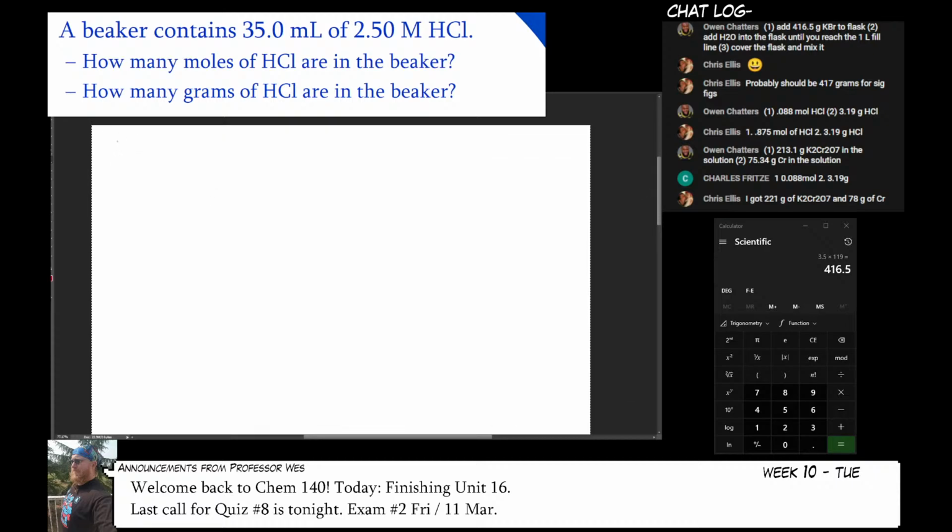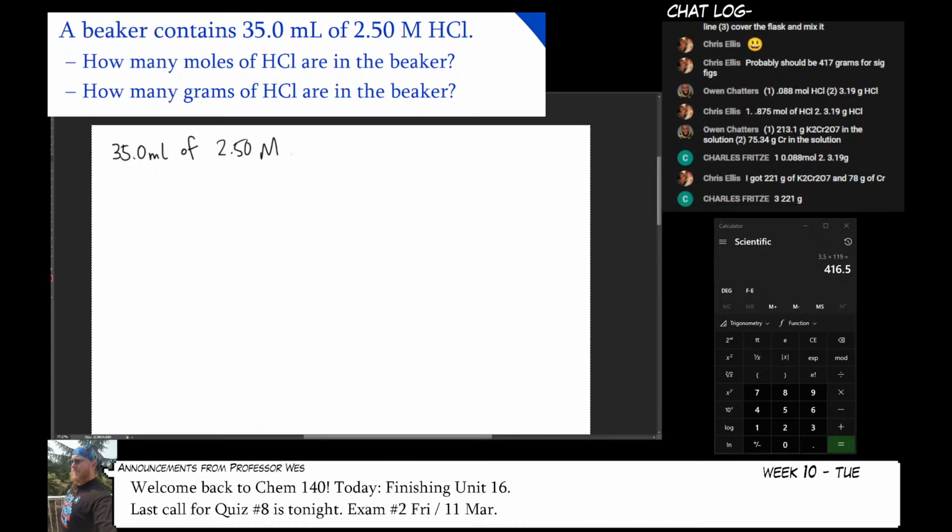All right, so I have 35 milliliters of 2.50 molar HCl. The first thing I want to do is turn this into a volume in liters, so that when I do M times V equals moles, my units will cancel out.